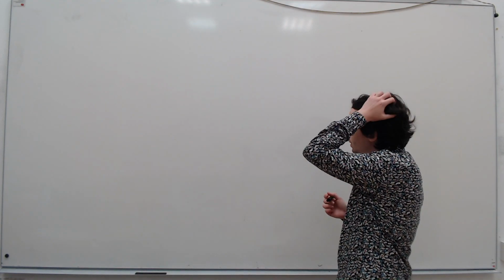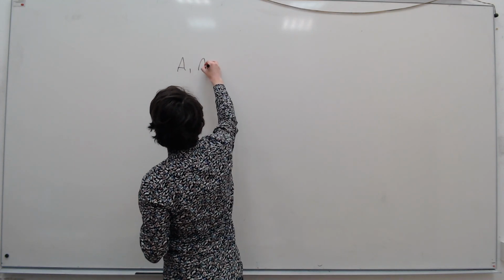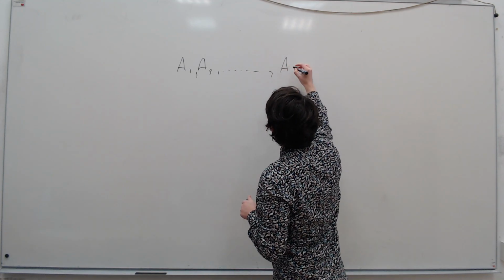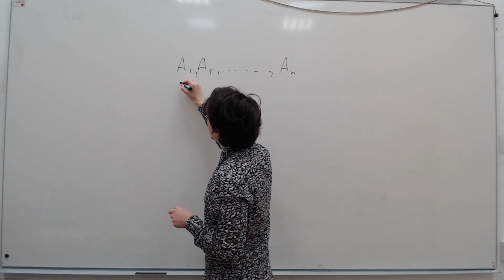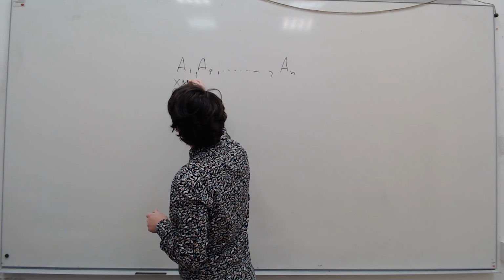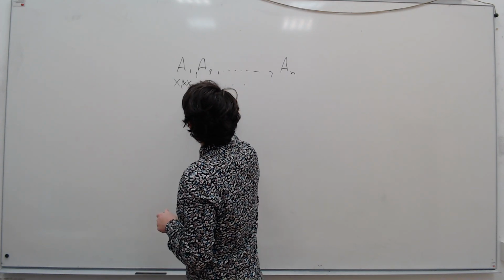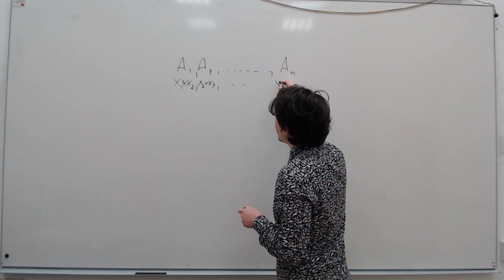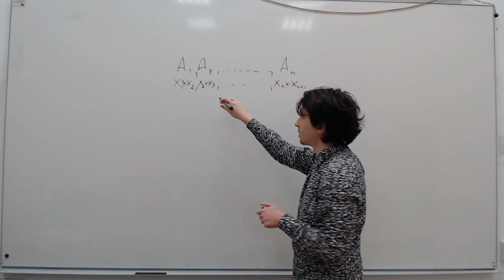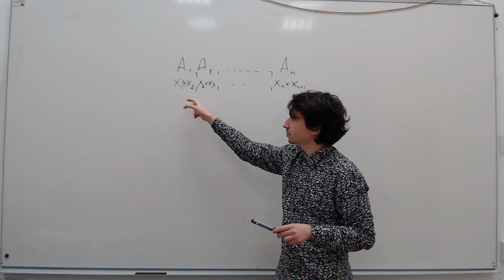This time you're given n matrices. So it is x1 times x2, then x2 times x3, etc., and this one will be xn times xn plus 1. These are the matrices and these are the dimensions.